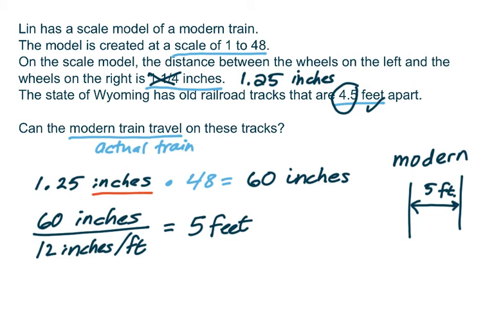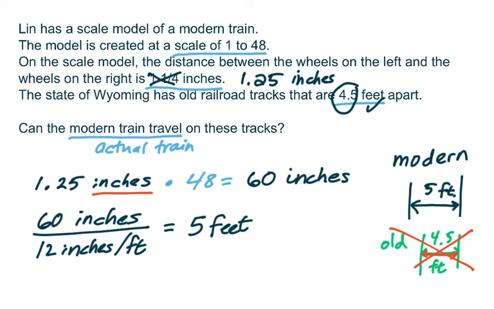When we first got information, we found out that in the old train, in the state of Wyoming, they're 4.5 feet apart. So if they take this modern train and bring it to the state of Wyoming, the state of Wyoming has tracks that are too close together. It's only 4.5 feet in distance here. And so this modern train cannot fit on those tracks.